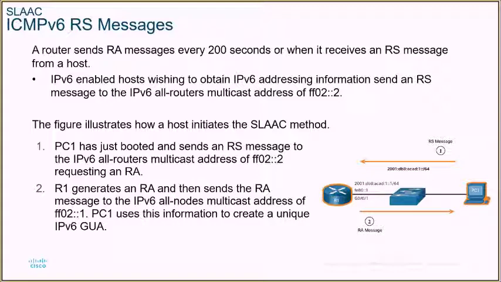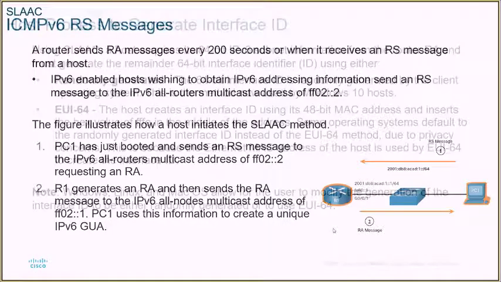In this case, PC1 just booted, sends its router solicitation message, and then the router replies with its router advertisement message. But it doesn't reply as a unicast to that particular host. It actually replies again as a multicast, just so that all hosts will see it.